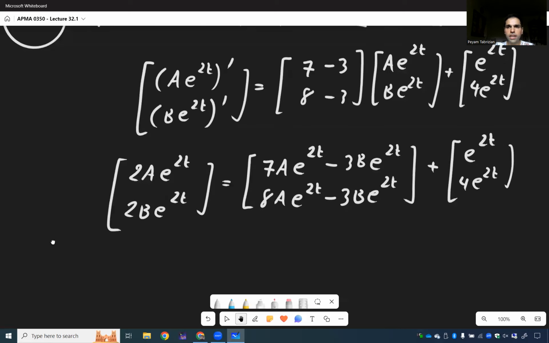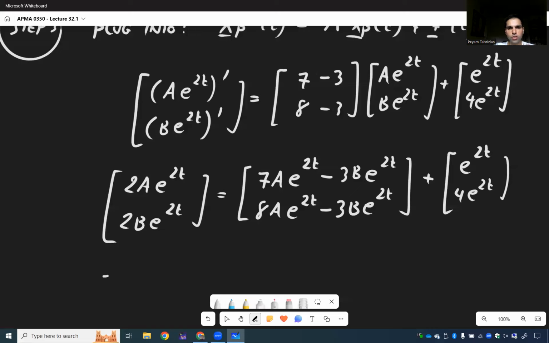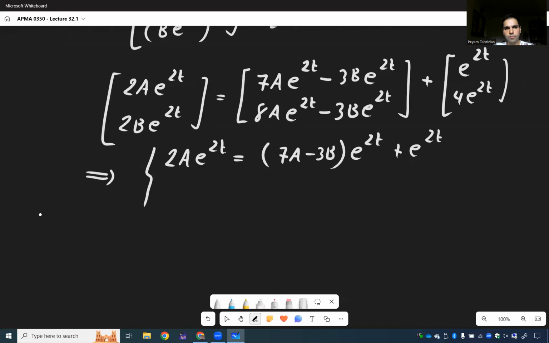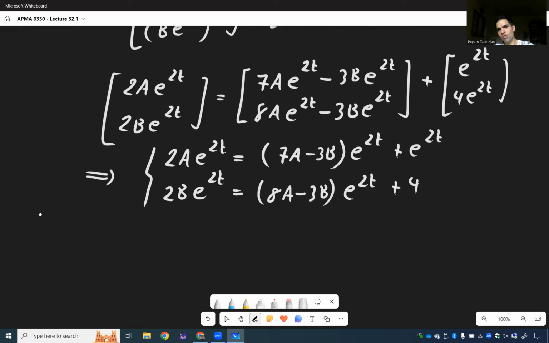And so really what this gives you, if you just compare both sides: 2a e to the 2t equals (7a minus 3b) e to the 2t plus e to the 2t, and 2b e to the 2t is (8a minus 3b) e to the 2t plus 4e to the 2t.